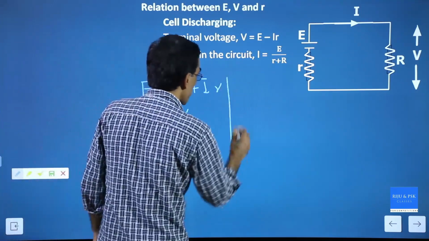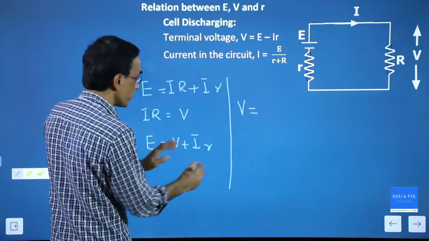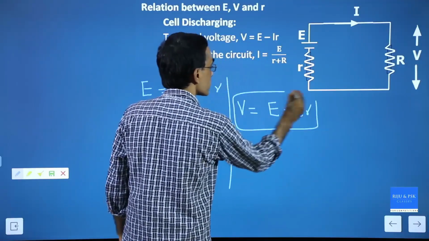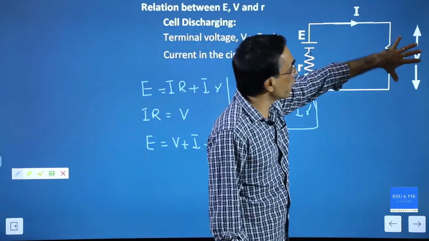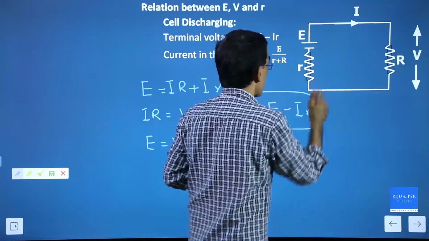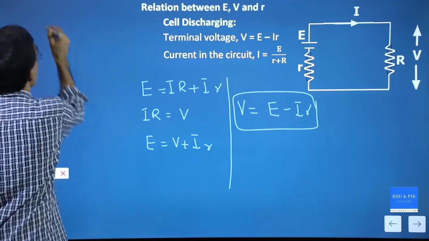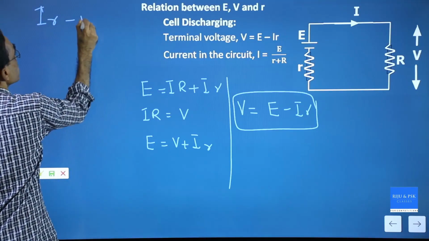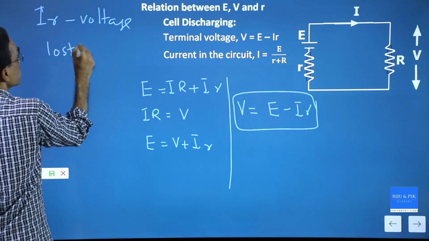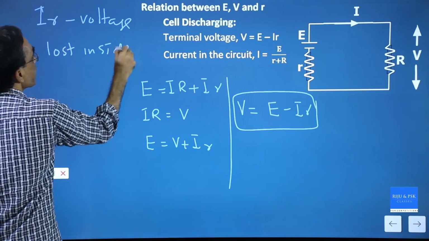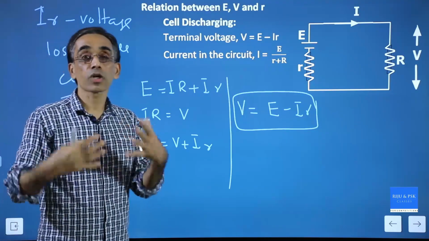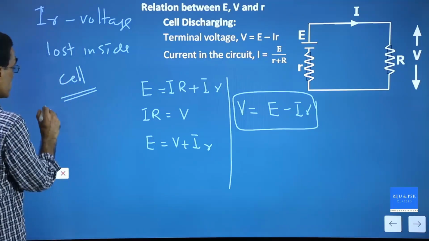Or from this I can write V equal to E minus Ir. The voltage available here is equal to EMF minus Ir. And I'll tell you what this Ir is. Ir is the voltage lost inside the cell. Ir is the internal drop.